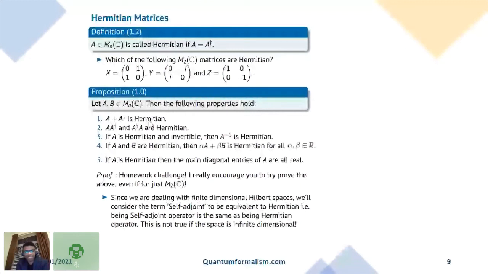So A plus its dagger is Hermitian. That's the claim. And A times its dagger, and the dagger times A, are also Hermitian.